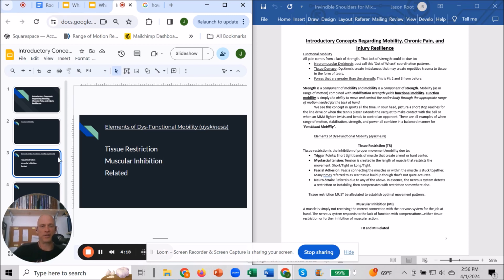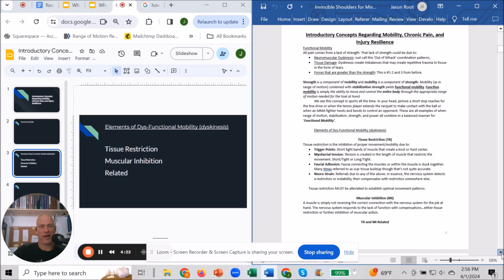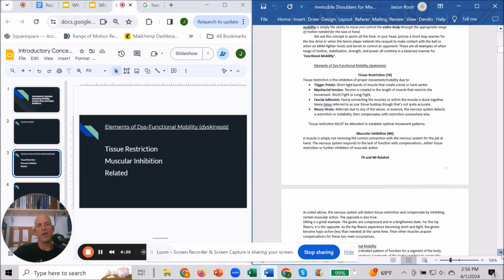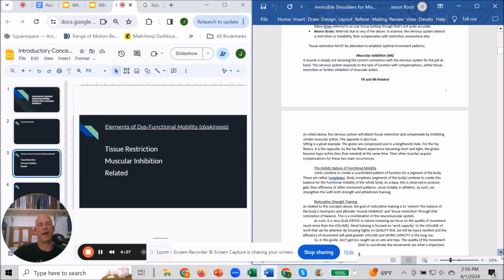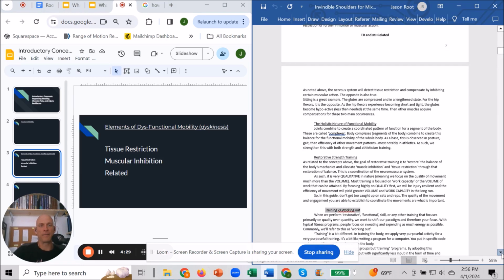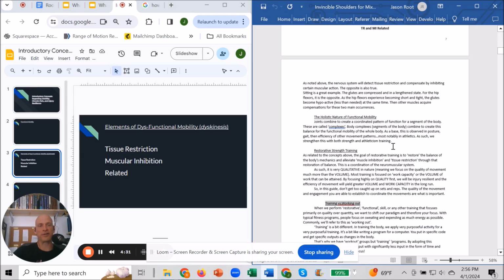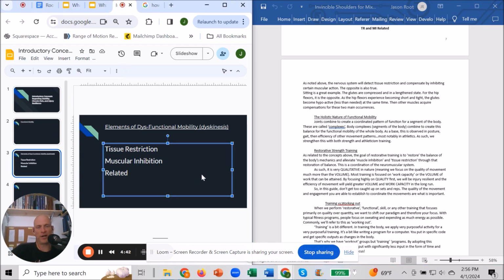So what we'll have to do is try to alleviate the restriction, and then we try to create new function or lack of inhibition. And then we go to trying to coordinate the two.